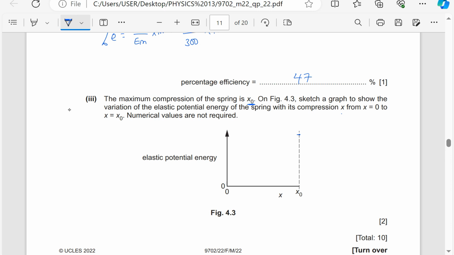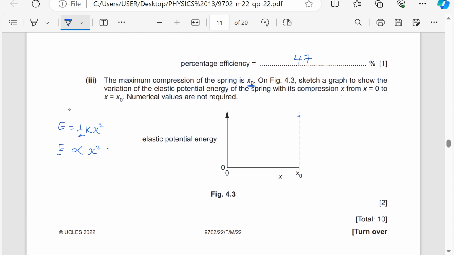So the compression increases. Now that is a confusing part to a student. The compression increases. So the elastic potential energy is a half kx squared. So it means elastic potential energy is directly proportional to x squared. If we check values, it means E is maximum when x is maximum. When x equals 0, E is automatically going to be 0.